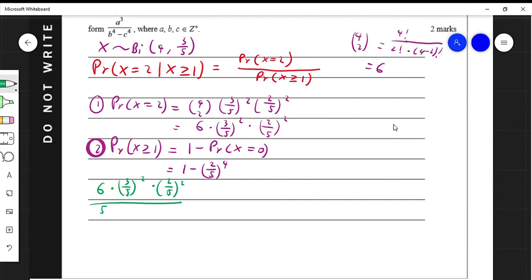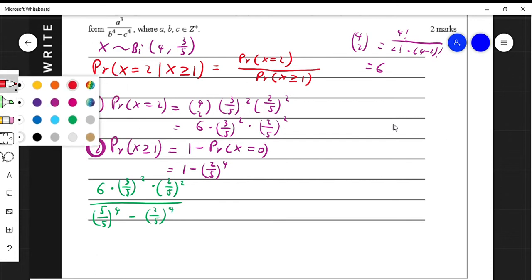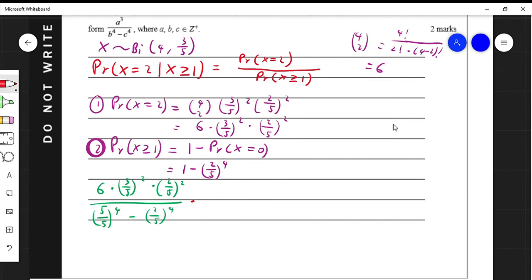I'm going to write 1 as the fraction 5 on 5 to the power of 4, minus 2 on 5 to the power of 4. And you'll see why in a second. It's just because everything's got 5 on the bottom, so it's nice to have them all looking the same. And I've done these before, so I know what the most straightforward route to get to the answer is.